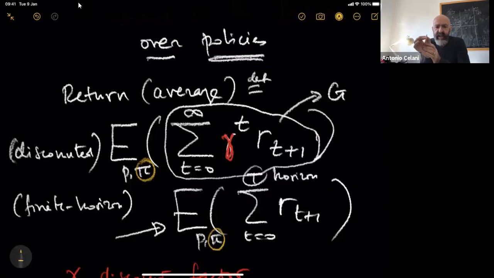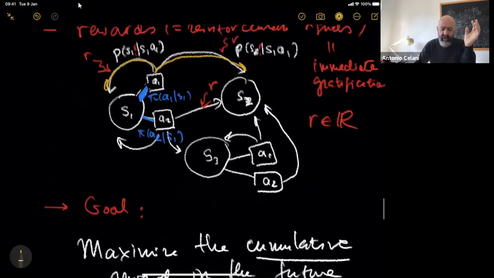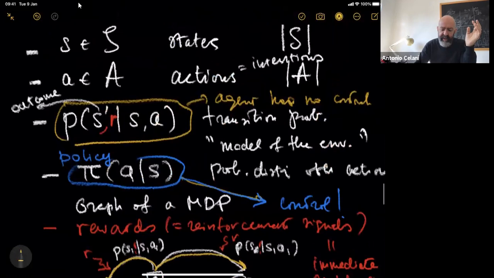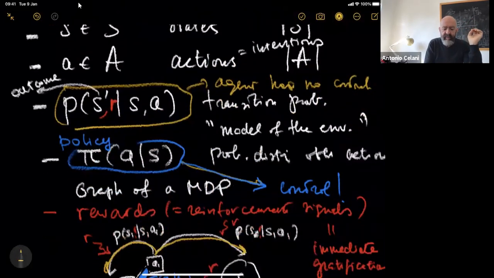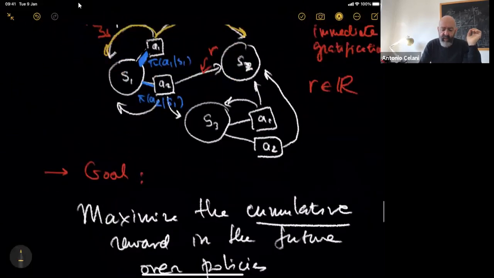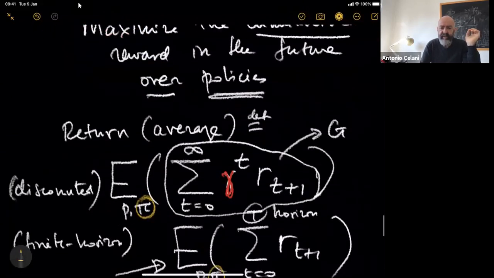So the next question that comes in line is how do we solve them? Given all this information, so you as a planner, as a decider, you are given these transition probabilities, you can choose your policies. One of these two is your objective.